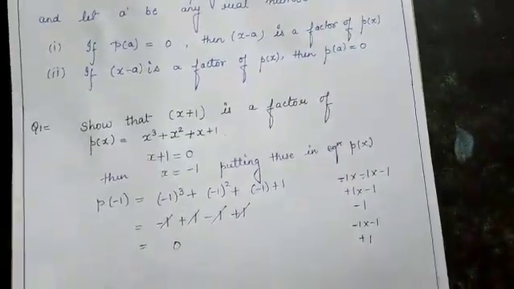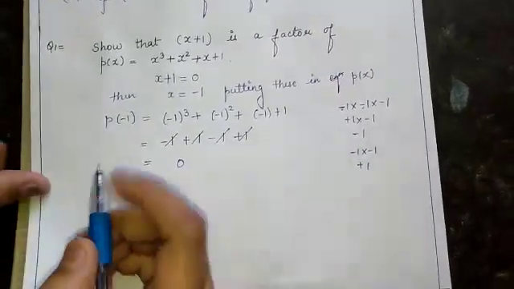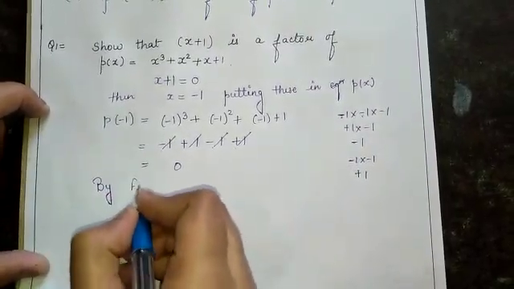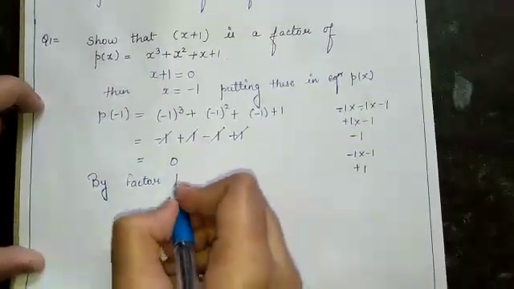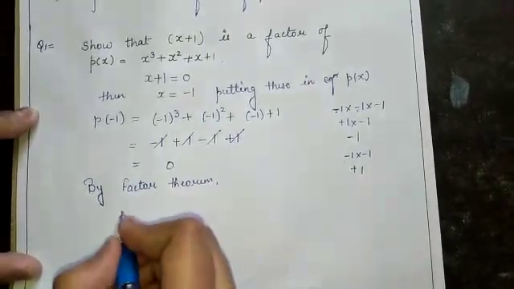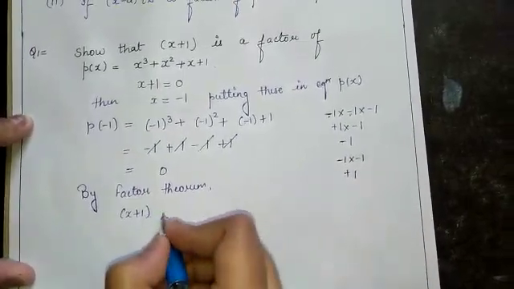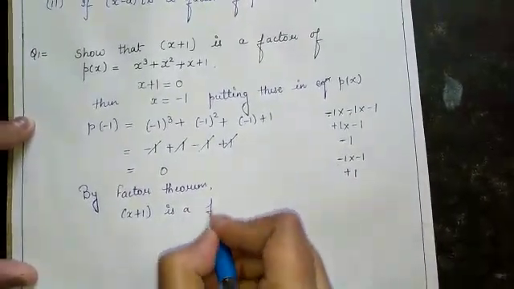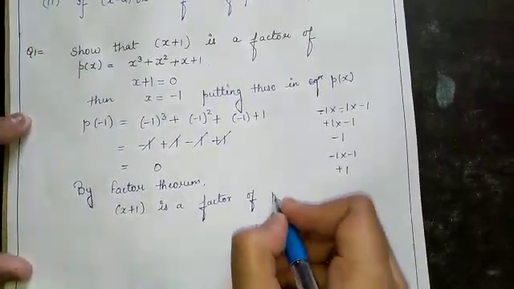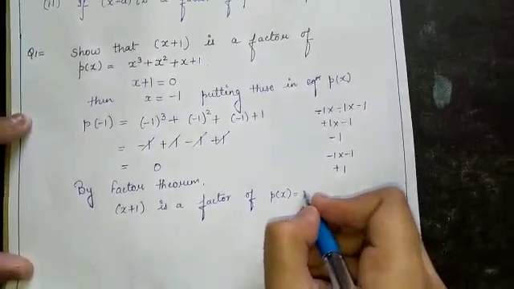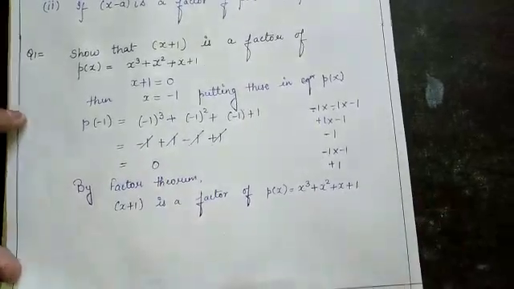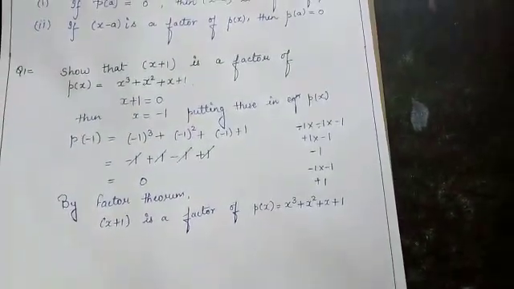So by factor theorem, x plus 1 is a factor of p(x) equals x cube plus x square plus x plus 1. So this is the complete solution.